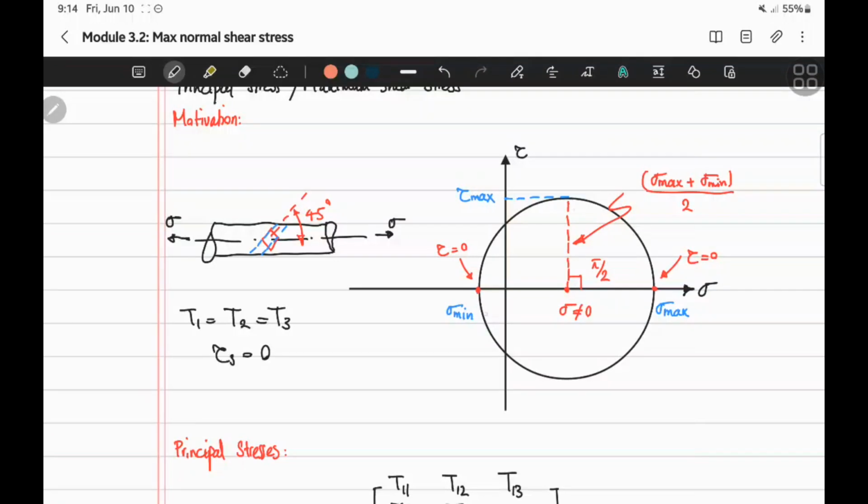So then the Mohr circle becomes a point where we have the hydrostatic stress state. And shear stress on all planes is equal to 0. So in the hydrostatic state, the shear stresses are 0.